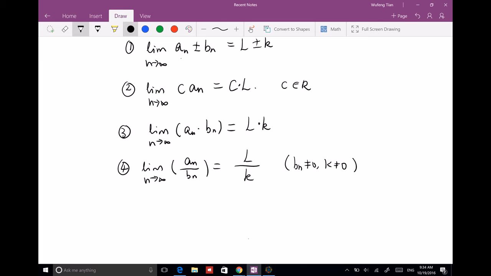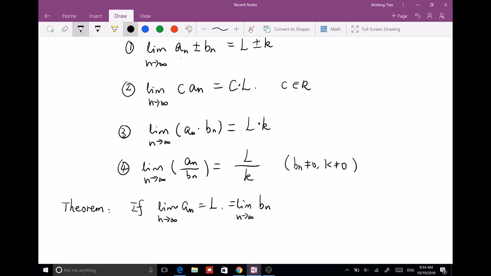So another theorem or property, a sequence theorem. If the limit as n goes to infinity of an equals L, which equals the limit as n goes to infinity of bn.